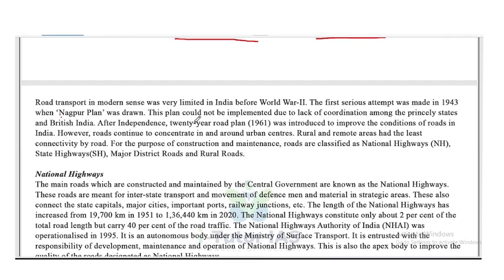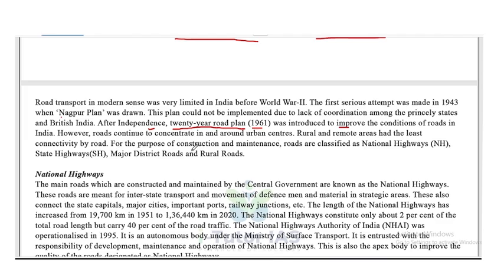After independence, the 20-year road plan of 1961 was introduced to improve the conditions of roads in India. However, roads continue to concentrate in and around urban centers. Rural and remote areas had the least connectivity by road.